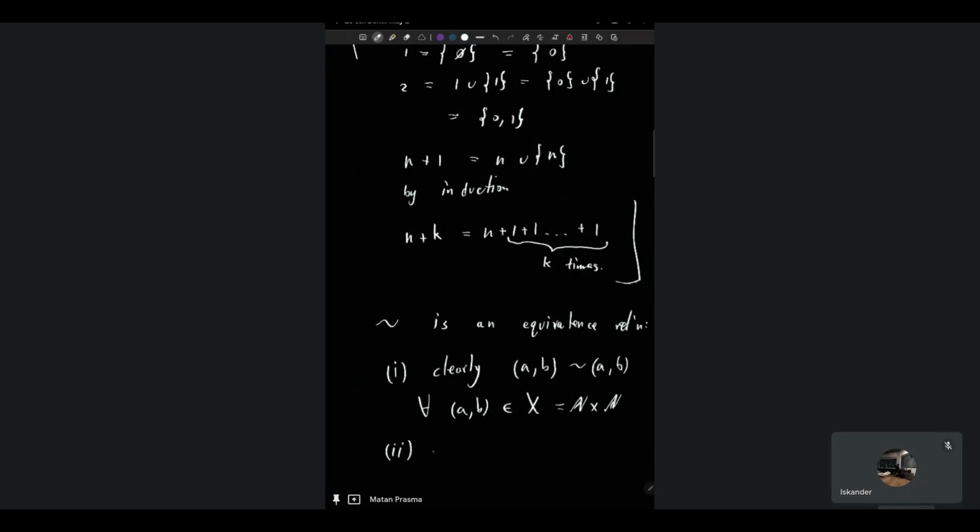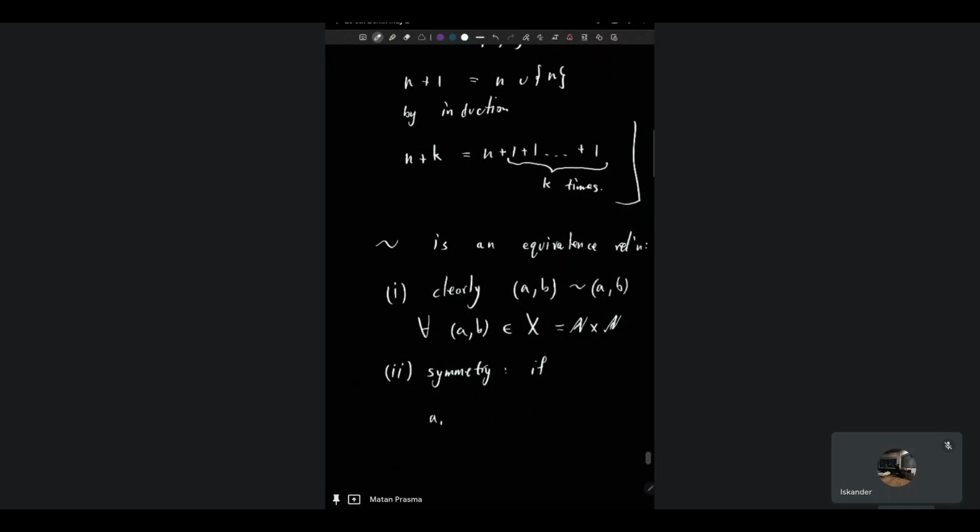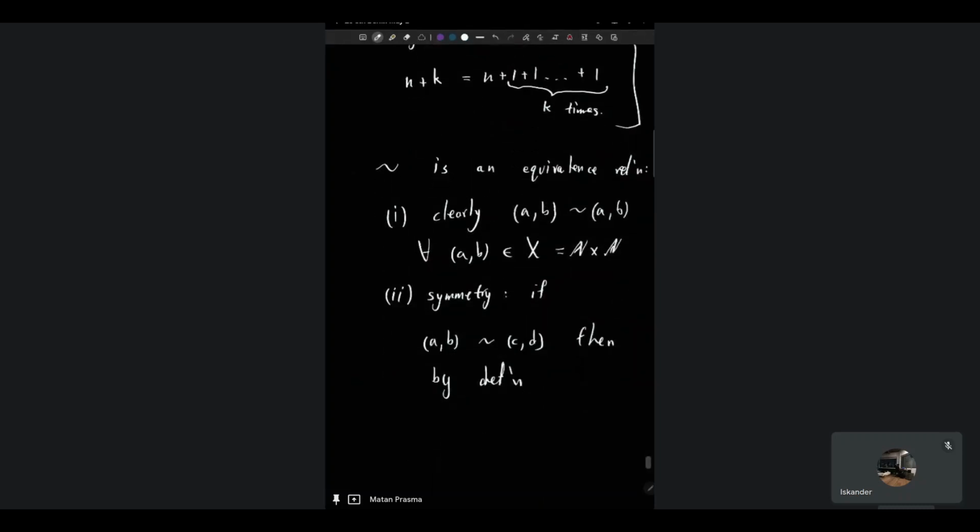Symmetry: if A comma B is equivalent to C comma D, then by definition A plus D, again, just keep this in mind.